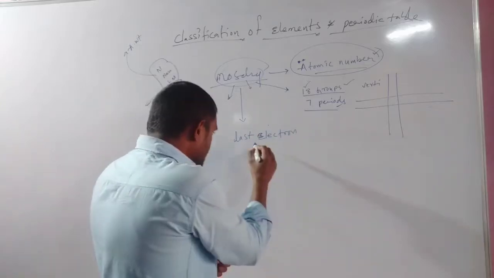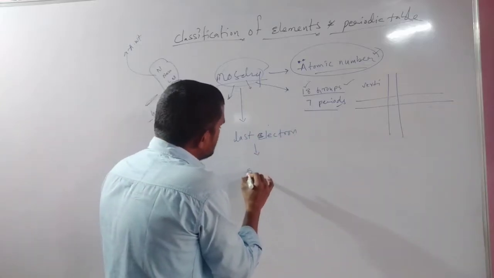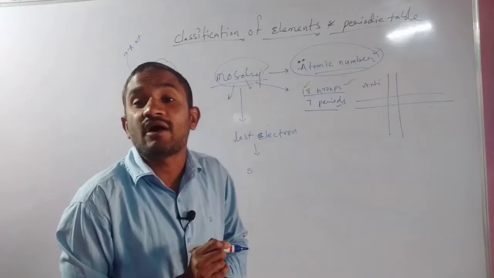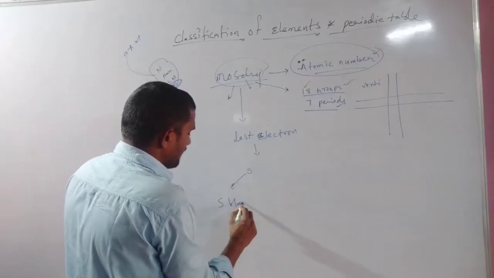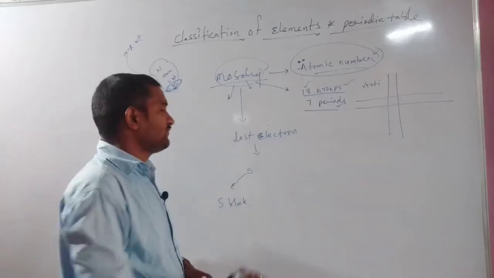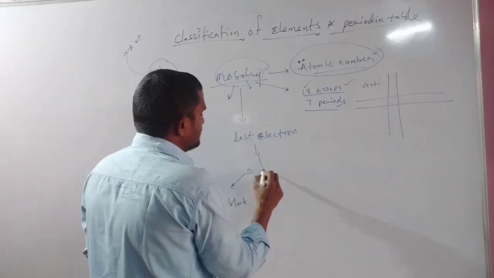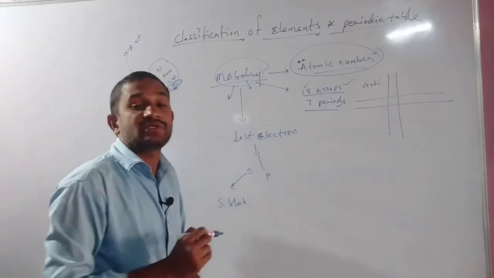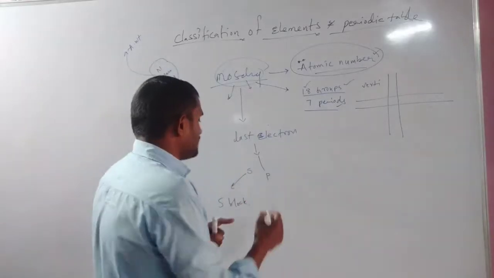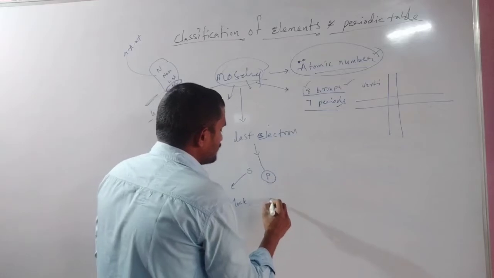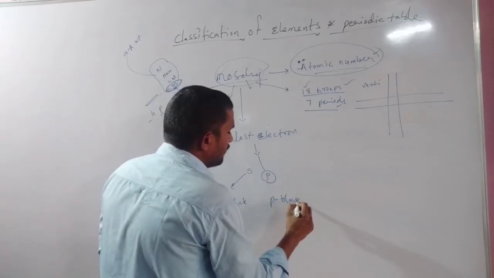If this last electron enters the s orbital, that element belongs to the s block. If the differentiating electron enters the p orbital, that element belongs to the p block.